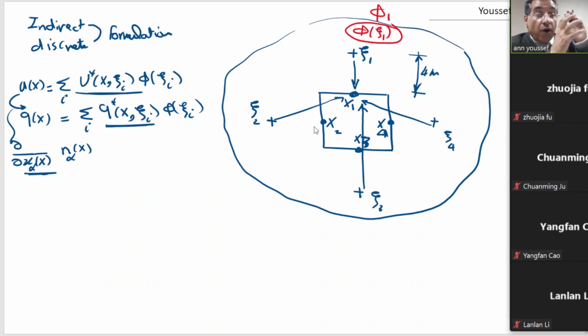Okay? So I knew the potential, or the value of the heat, the temperature u(x), at any point x1, x2, x3, x4. I knew very well it will be the superposition from all the sources I placed.